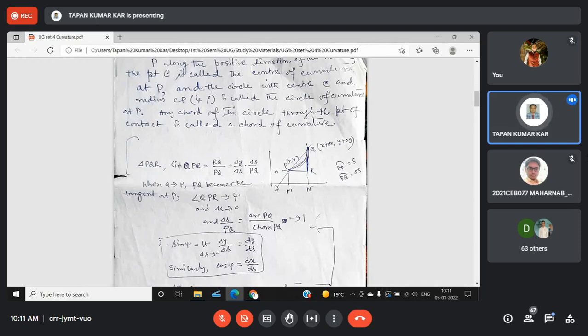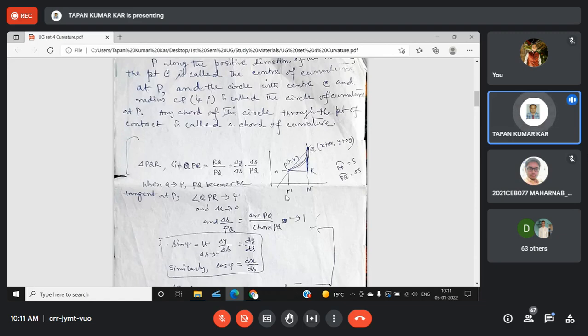Look at this curve, this graph. P and Q, 2 points. If the coordinates of the point P are (x, y) and the coordinates of the point Q are (x plus delta x, y plus delta y), then you know that PR equals delta x and RQ equals delta y. Okay.